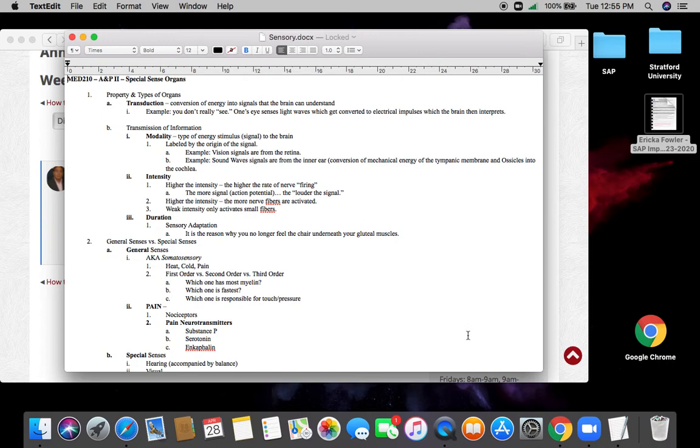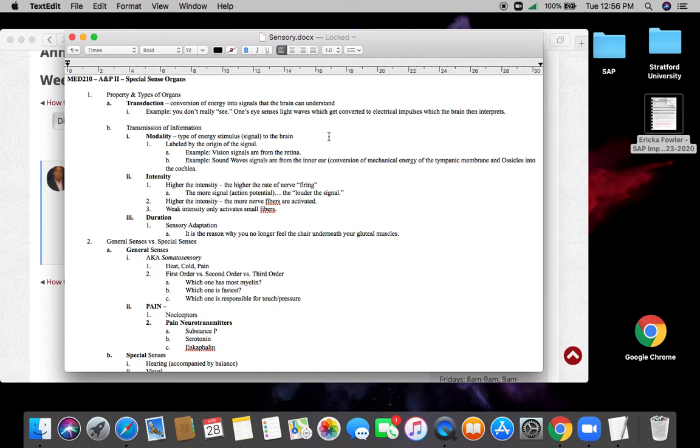So another concept is this concept of transduction. Your eyes don't really see anything. The sensors just pick up data, or they pick up energy, right? And let's talk about this word transduction. It's the conversion of energy into signals the brain can understand.